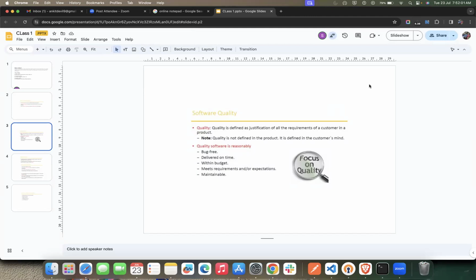Now, once the software is developed, it should be maintainable. What we mean by that is we don't develop software for a few days or few weeks of usage. If we are developing the software, we use it for a longer duration, like 2 years, 4 years, or even 10 years or more. So the software needs to be in a maintainable state, so that as soon as other softwares are upgraded and securities are enhanced, so is our application.